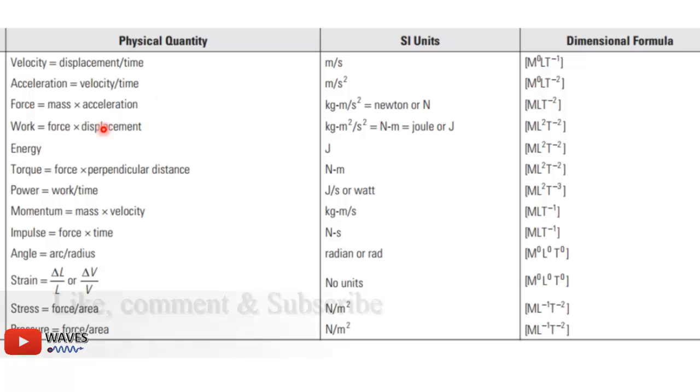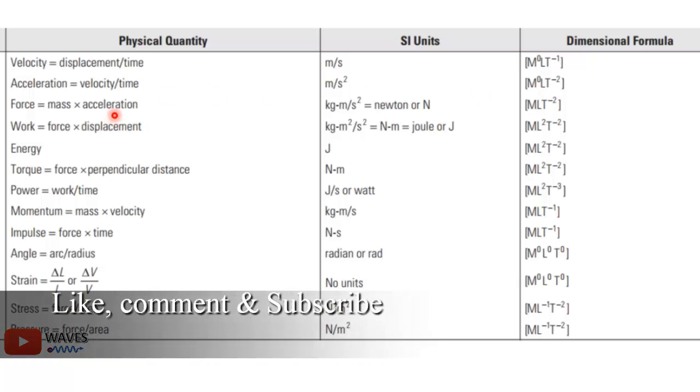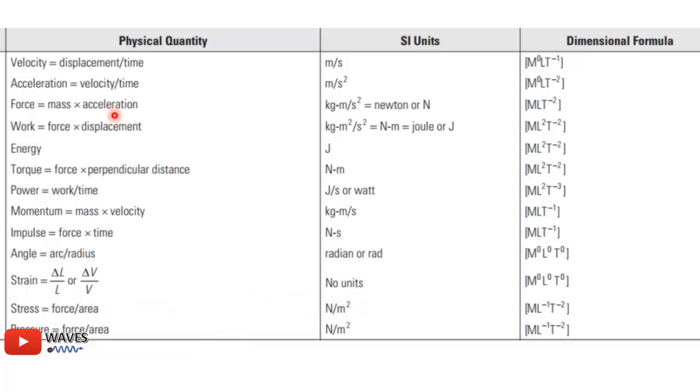Similarly, you can find the dimensions of all the other quantities, which should not be very difficult. A very important note is that if you consider two quantities, let's say work and energy, both of them have the unit joule. So in case the SI unit is the same, then the dimensional formula will also be the same.